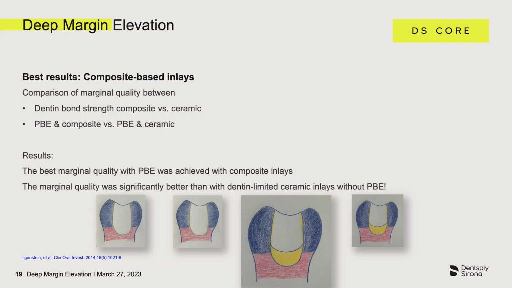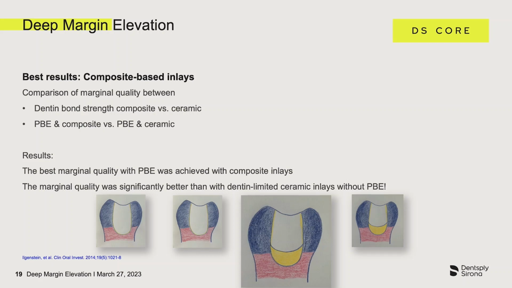To summarize, this study clearly demonstrated that the best marginal quality could be achieved between deep margin elevation and composite-based inlay materials. It was clearly shown that the marginal quality between the composite-based inlays and deep margin elevation surfaces was significantly better than the marginal quality between ceramic inlays without deep margin elevation in deep subgingival cavities.